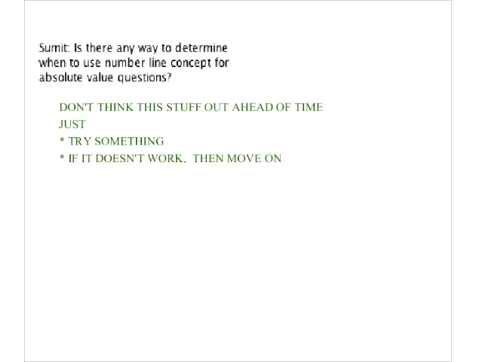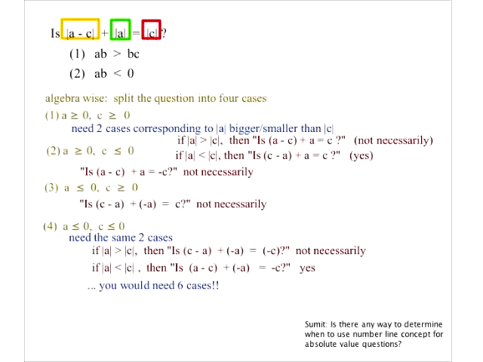Basically, if you tried doing algebra on this, you would very soon realize that this would have to happen, because you can't simplify this question without knowing certain facts about the signs of A and C. Even if it's not an instant realization, you would still be like, look, I would have to break this up into like 6 cases. And there's also your own skill set.